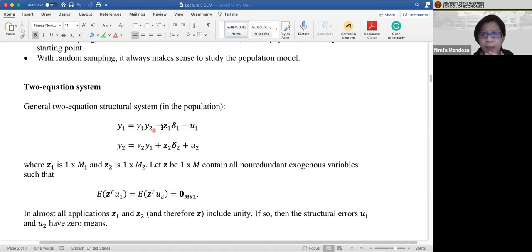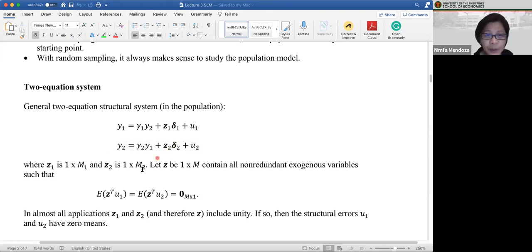Okay, so we have in boldface vectors and matrices. C1 is the set of exogenous variables in the first equation. And we're assuming that we have m sub 1 of those. C2 is the set of exogenous variables in the second equation.